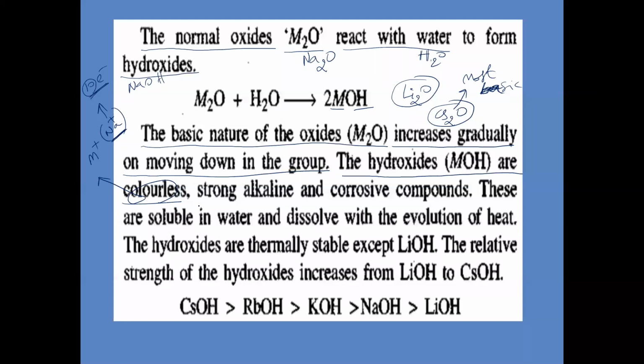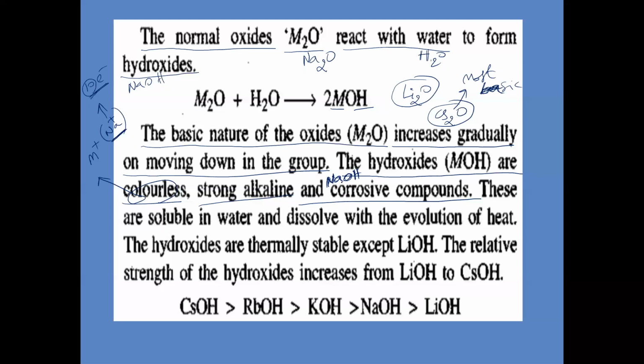Next, the hydroxides are strong alkalis, alkaline in nature, strongly basic in nature. They are more basic in nature. And corrosive compounds. Suppose NaOH is there. NaOH is a corrosive compound. Corrosive means it will corrode the walls of the stomach. If you consume NaOH, suppose, to neutralize the HCl acid in the stomach, if you consume NaOH base, then it will corrode the walls of the stomach.